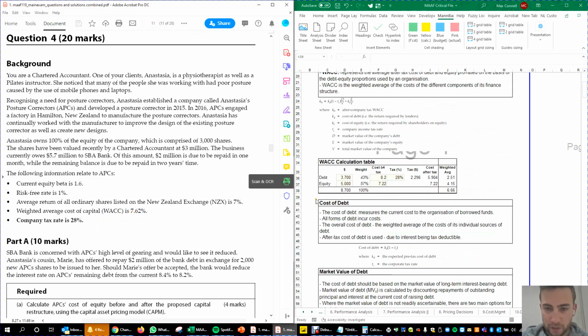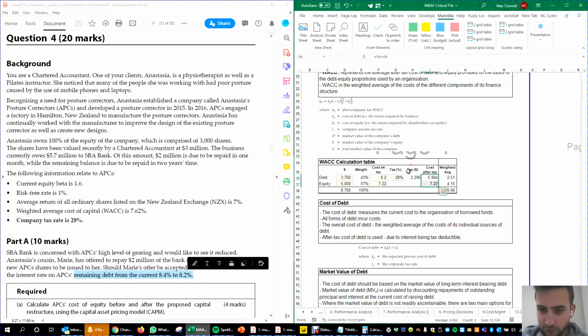So we need to understand what the key drivers changing that are. The WACC is the average of the debt and equity. What's changed is the after-tax interest rate. One element is the interest rate has changed from 8.4% to 8.2%, which of course would reduce that amount.